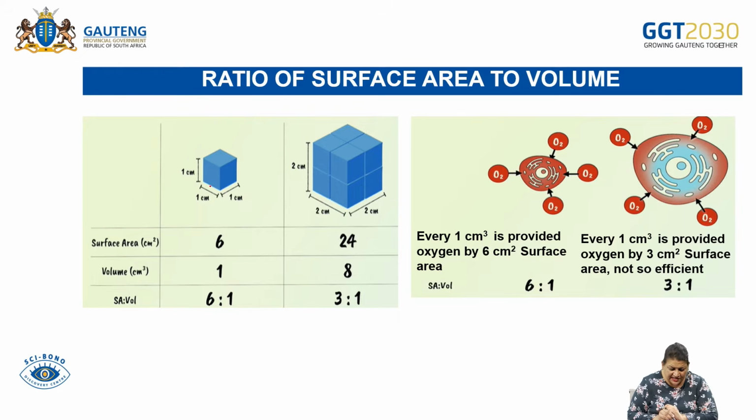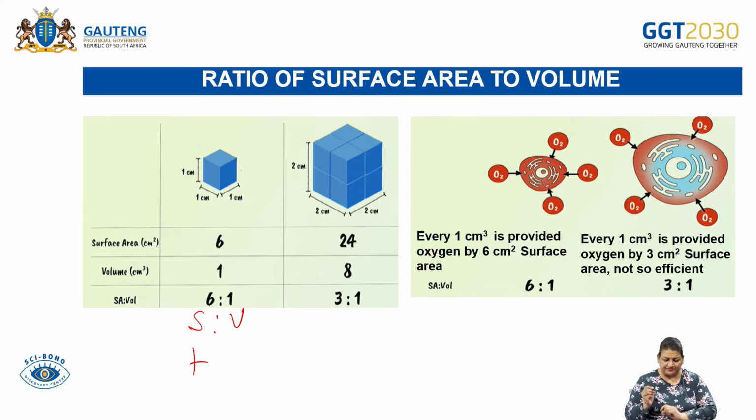You can see 6 surfaces: 1, 2, 3, 4, 5, and at the bottom, 6. The size it's occupying is 1 times 1 times 1. So its volume is 1, but the surfaces are 6. So here, the surface area to volume ratio is greater.